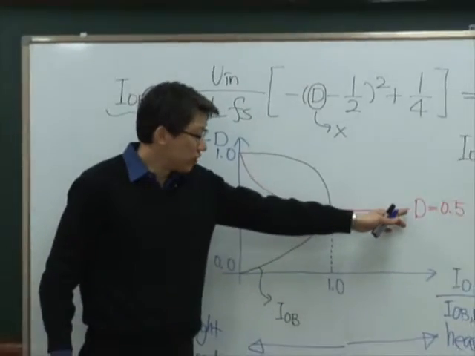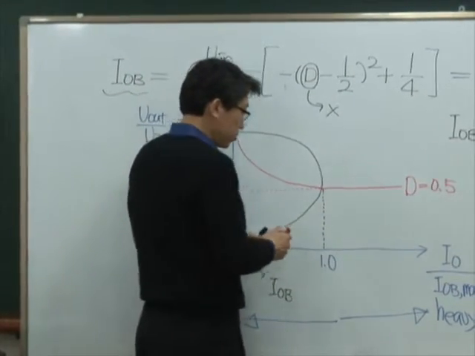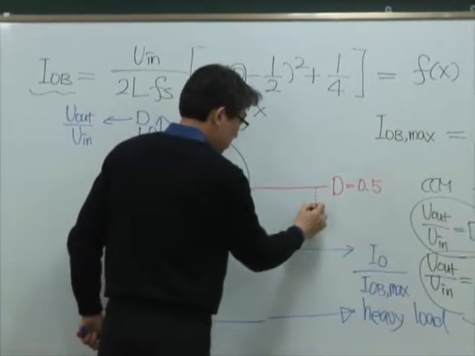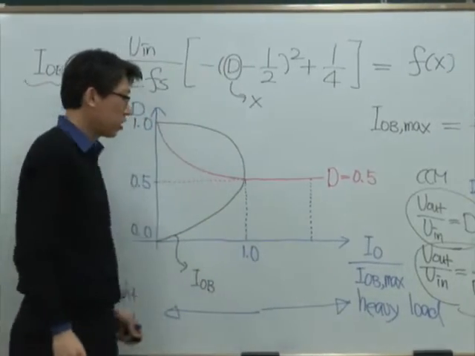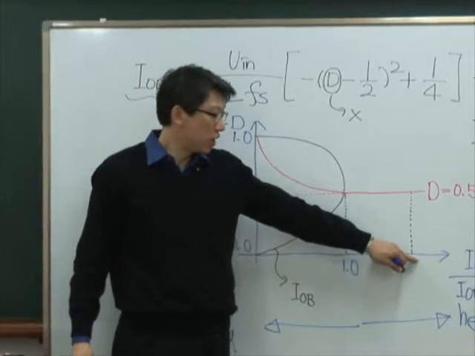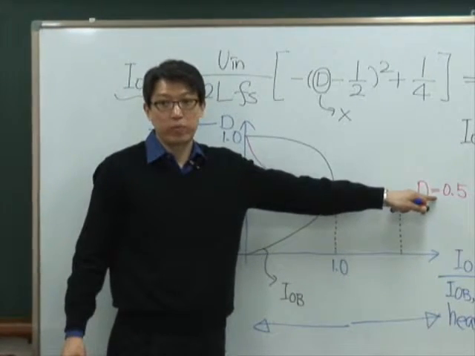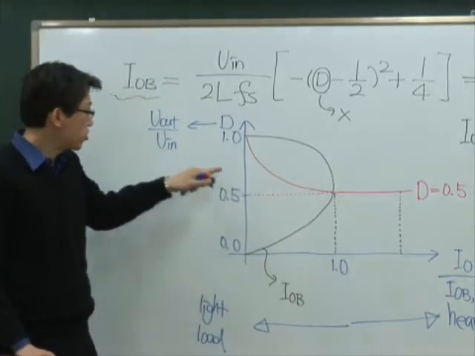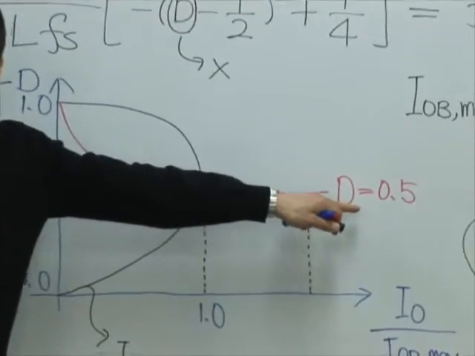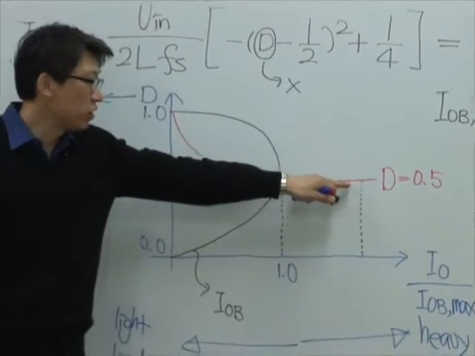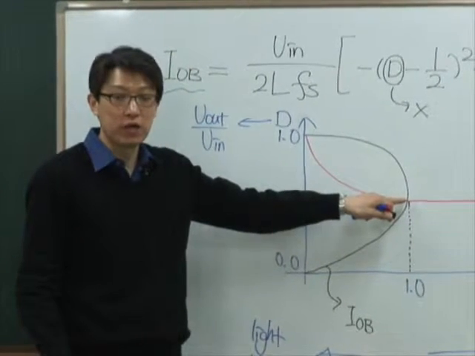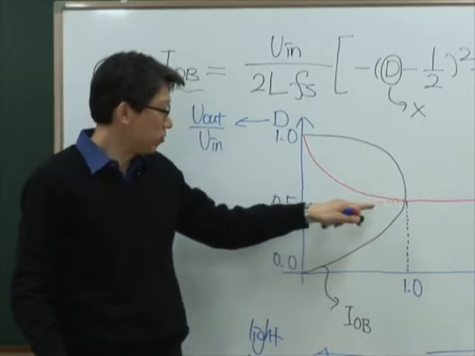Let's suppose we are operating at this point. Okay? Let's take a look. Now I'm applying a very heavy load current and I maintain the duty 0.5. Then how much is the ratio between V input and output? It is the same, 0.5. Okay? And as I slowly decrease the load current, at this point now I reach the boundary, which is still the same, 0.5.